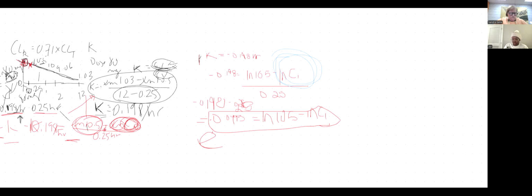Since that's subtracting, we've got to divide that by 12. Let's see. The calculator will tell me if it's an error or not.